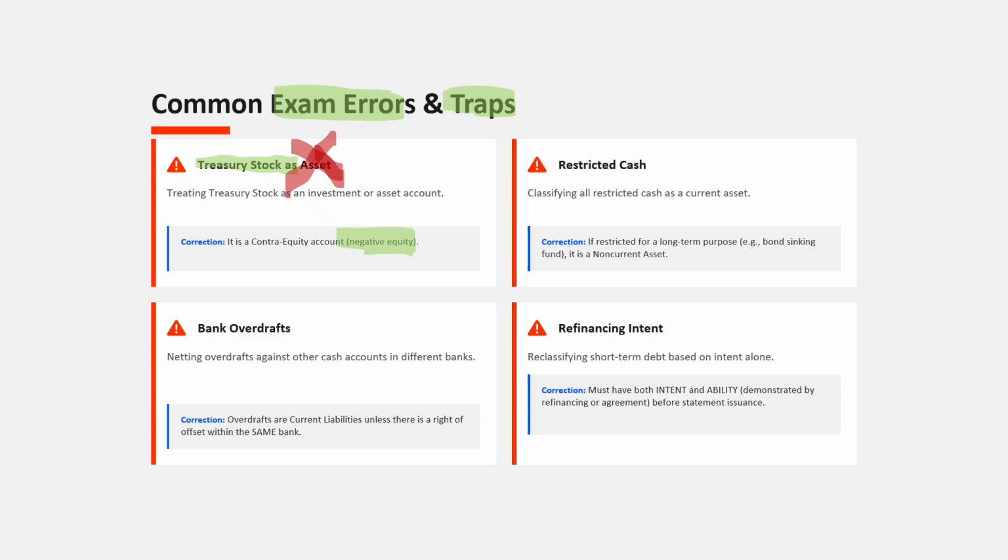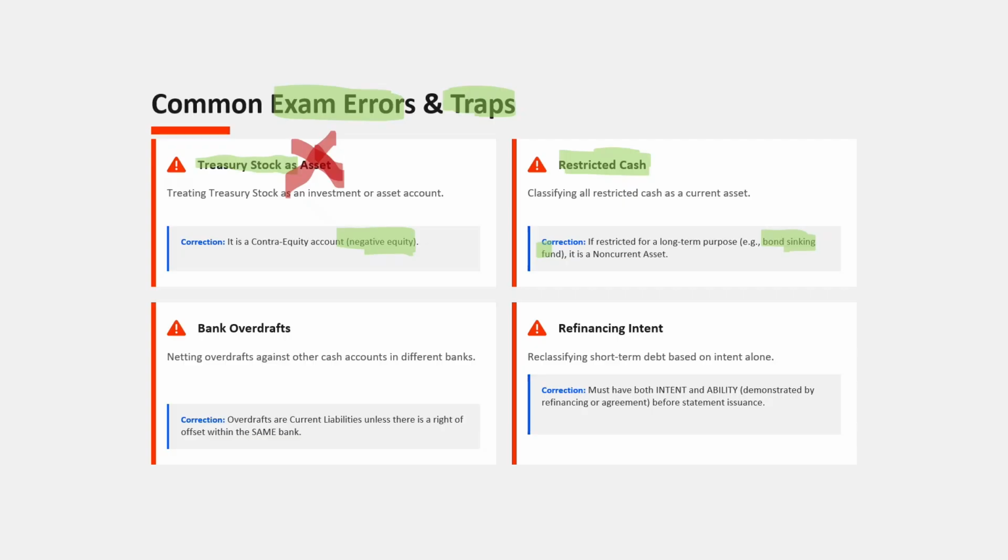The second one is restricted cash. So you may see questions that talk about restricted cash, and usually we think it's cash, so it's a current asset. But if it goes to a bond sinking fund or it is restricted for some other purposes, that means we do not have access to it, so it is not a current asset.